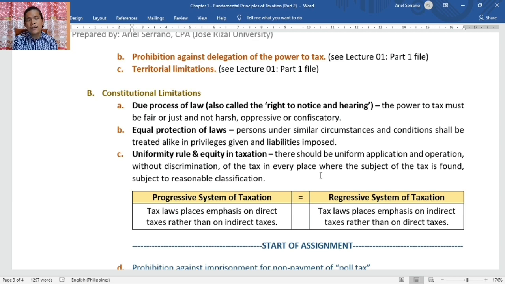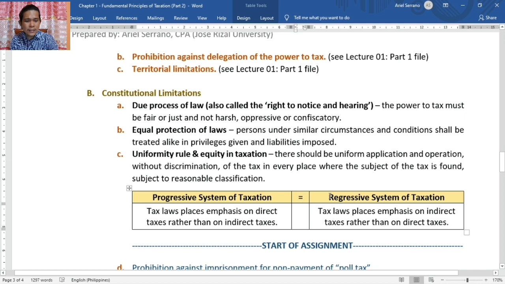When we say progressive system of taxation, the tax laws emphasize direct taxes rather than indirect taxes. Whereas in the regressive system, which is versus, not equal, the emphasis of the tax laws is on indirect taxes instead of direct taxes. So, they are the exact opposite.